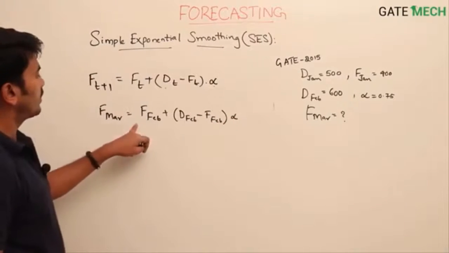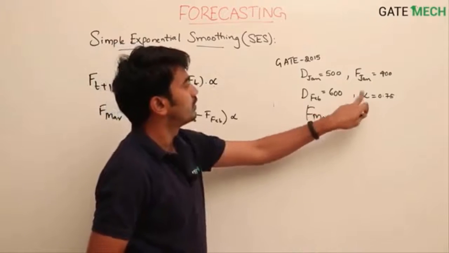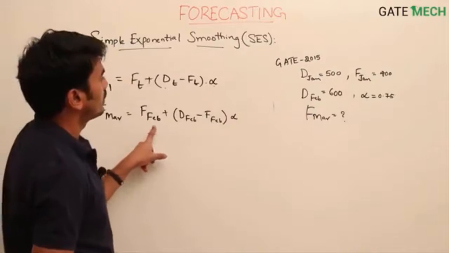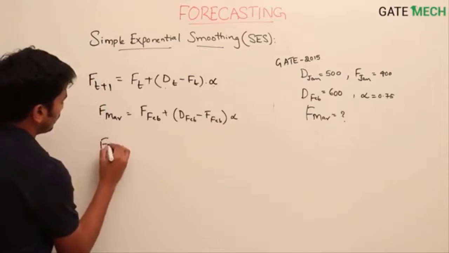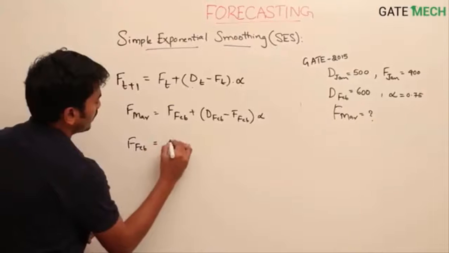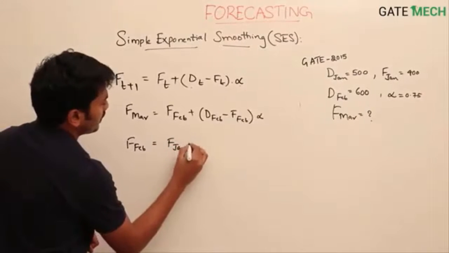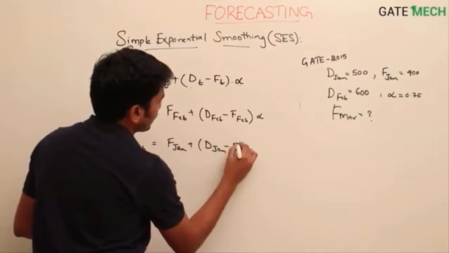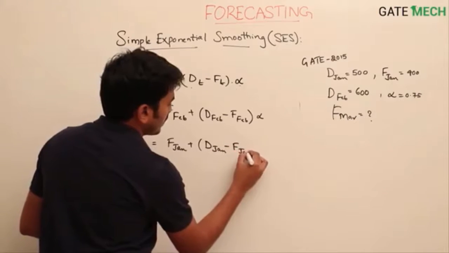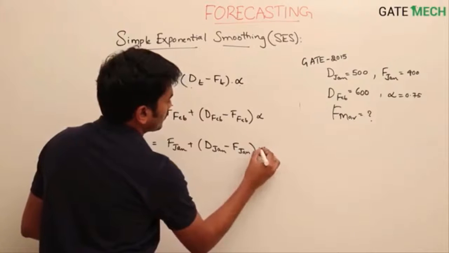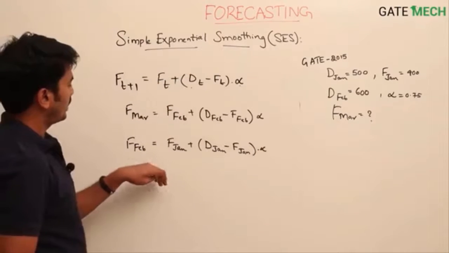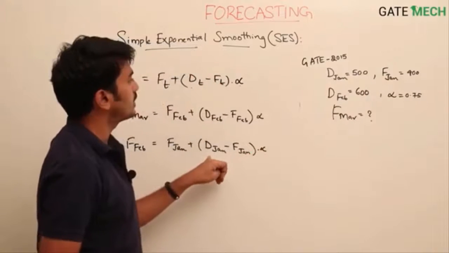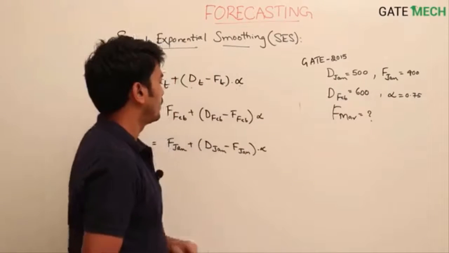But the forecast for February is not given in the data. So first we need to find the forecast for February. The forecast for February will be forecast for January plus demand of January minus forecast of January into the smoothing constant. And in this expression we have the January forecast as well as the demand for January.